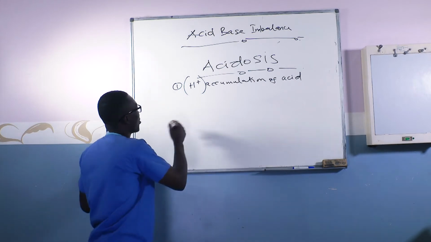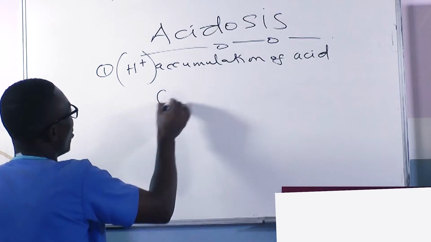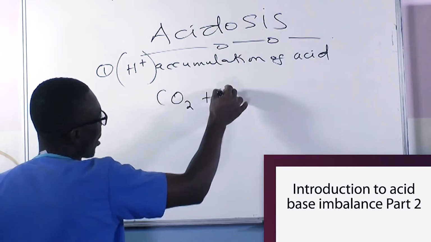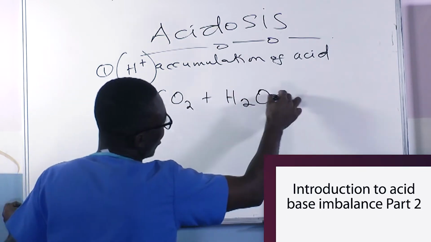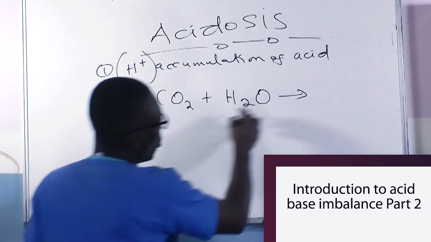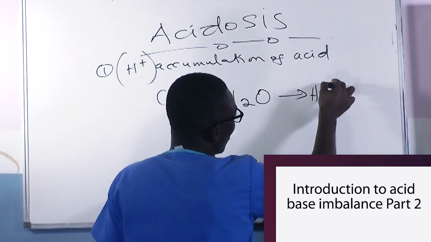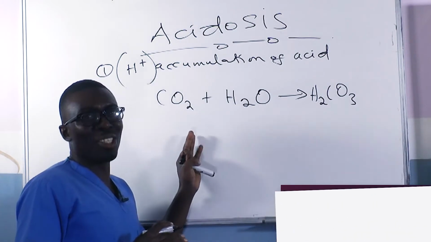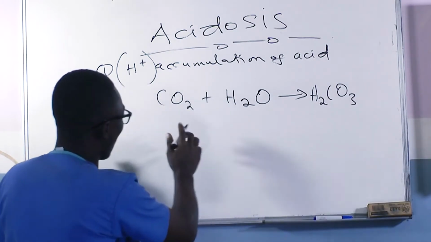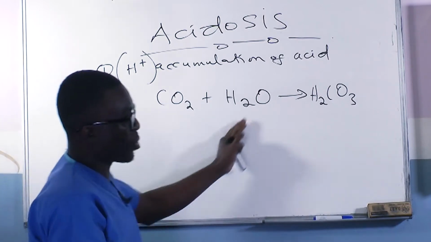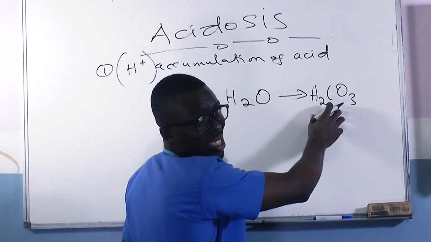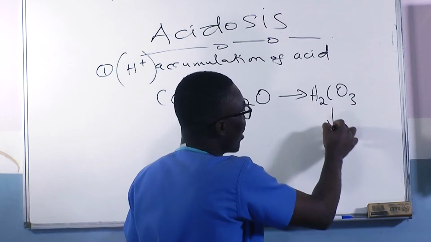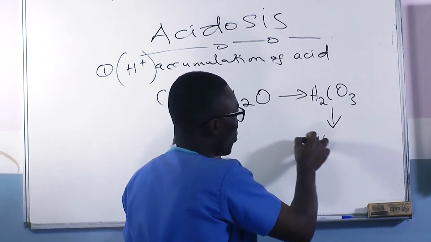Okay, so let's look at this simple equation. When you have carbon dioxide plus water, you produce... don't worry about the equation, just follow what I'm doing. So this is carbon dioxide, this is water, then you produce carbonic acid. Then this carbonic acid can break down for us to release this.